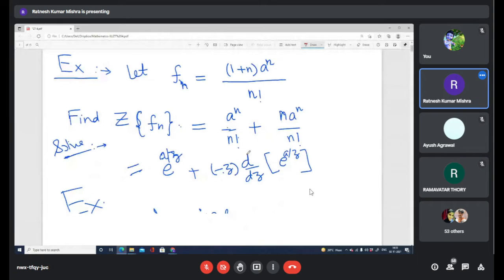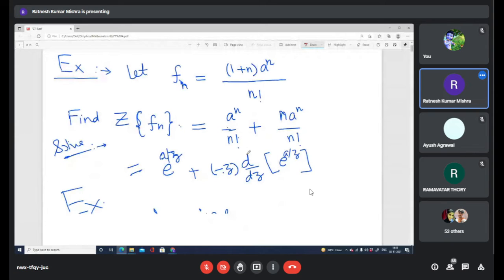Okay, so see, here this is k equal to 0 to n. So k equal to 0 to n, p power k, q power n minus k.